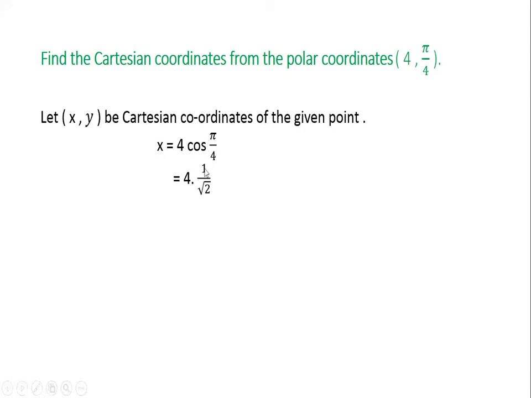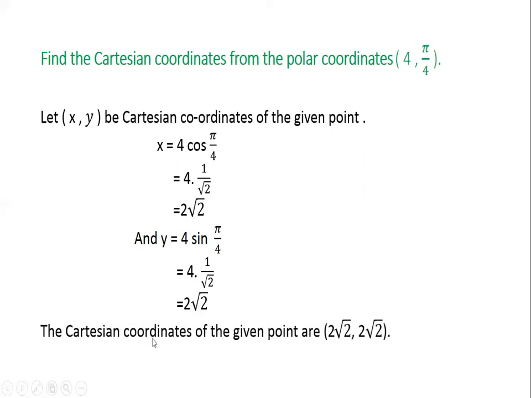Cos pi by 4 equal to 1 by root 2. So finally we get x equal to 2 root 2, and y equal to r sin theta. That means y equal to 4 sin pi by 4, that means 1 by root 2. After calculating, we get y equal to 2 root 2. The Cartesian coordinates of the given point are 2 root 2, 2 root 2.